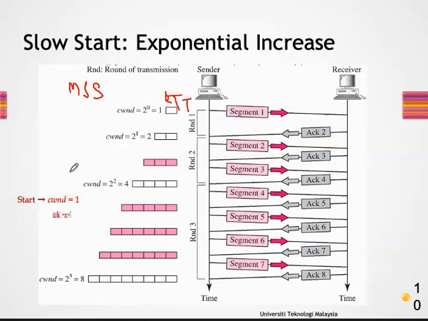After round 1, CWND is equal to 2, because each time an acknowledgement to new data is received, the value of CWND increases by 1. So after round 2, CWND is equal to 4, and after round 3, CWND is equal to 8.